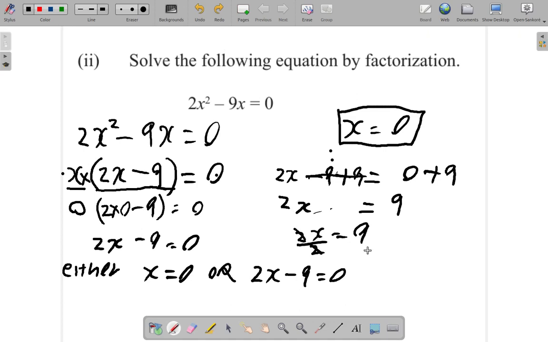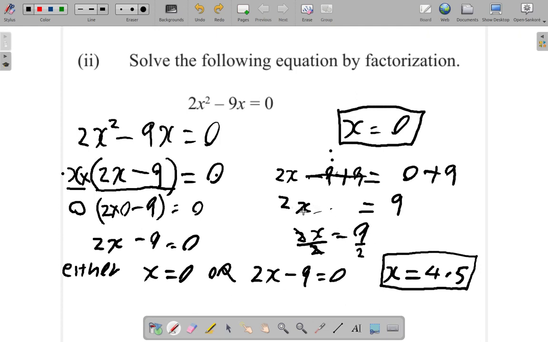You get rid of the 2, so you have x alone equals. You got rid of the 2 by dividing the left hand side by 2, but if you divide the left hand side by 2, you know what you're supposed to do. Divide the right hand side by the same 2. 2 into 9 goes 4.5. So this is the other x.